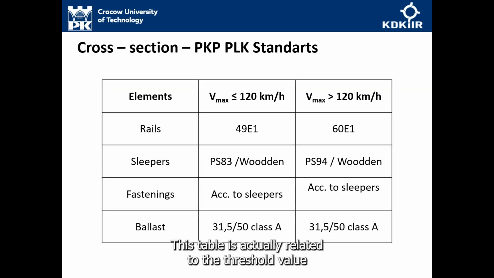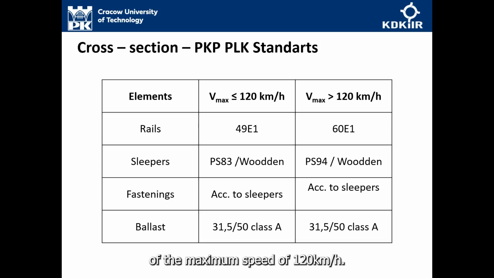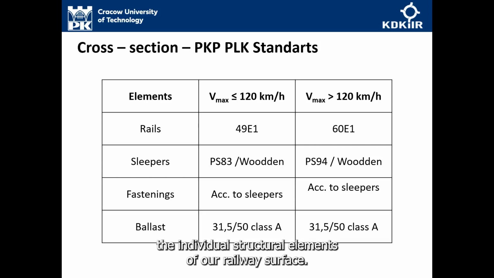This table is actually related to the threshold value of the maximum speed of 120 km per hour. From this threshold, we can actually define the individual structural elements of our railway surface.